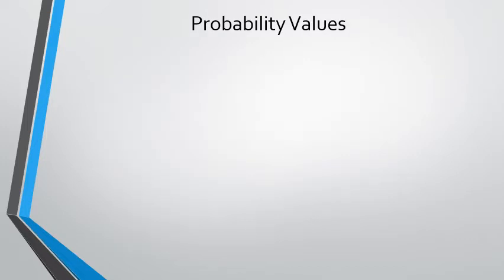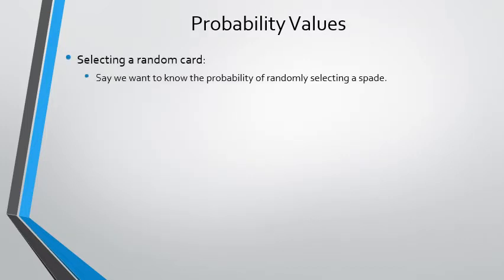Let's talk about probability values. Let's say that we are going to select a random card, and we want to know the probability of randomly selecting a spade out of the entire deck of cards. Well, we know that 1/4 of the cards are spades, so that means 13 out of the 52 cards are spades, right? So that's 1 out of 4.